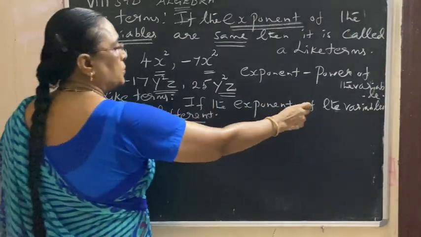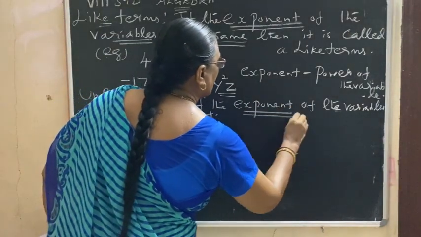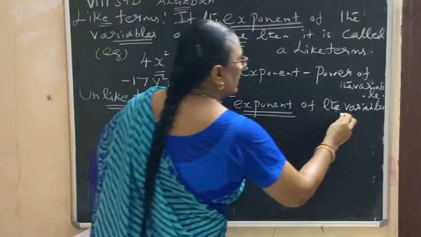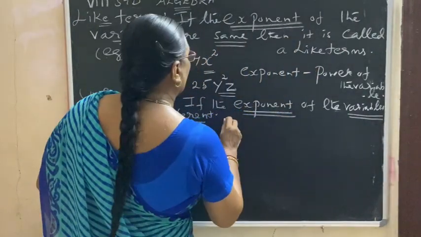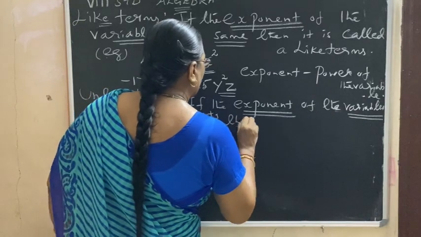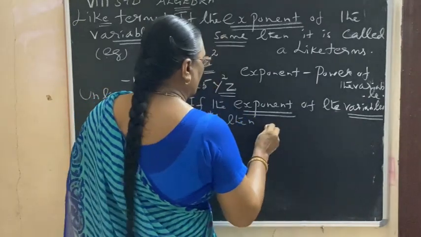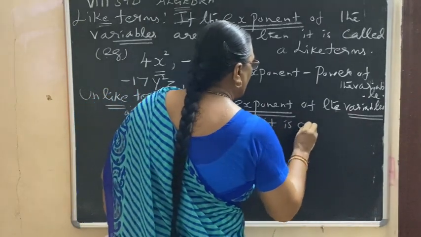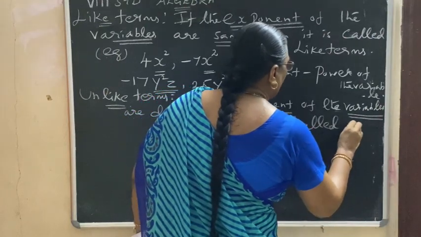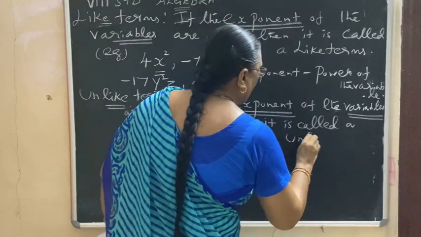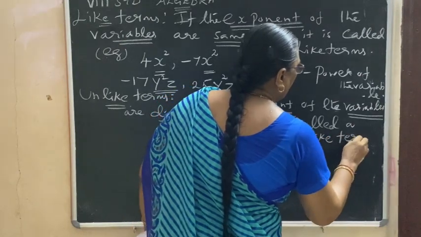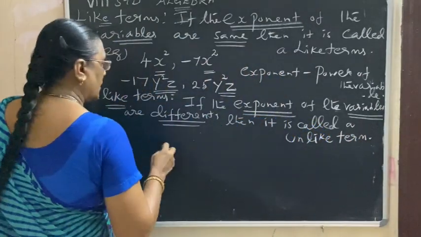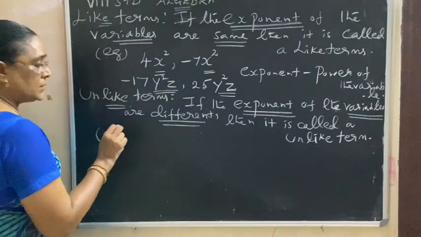And if the exponents of the variables are different, then it is called an unlike term. How can you write an example for this?